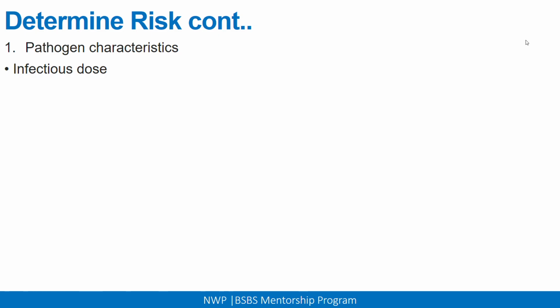So the lower the infectious dose you need to get the infection, the higher the chances that you can get infected. The higher the infectious dose, that is, if you need a lot of the organism to get infected, the lower the likelihood of exposure to this particular biological agent.